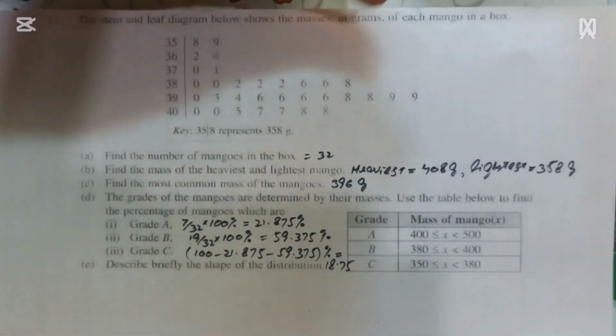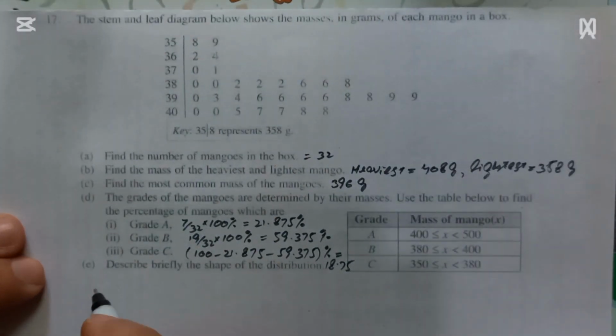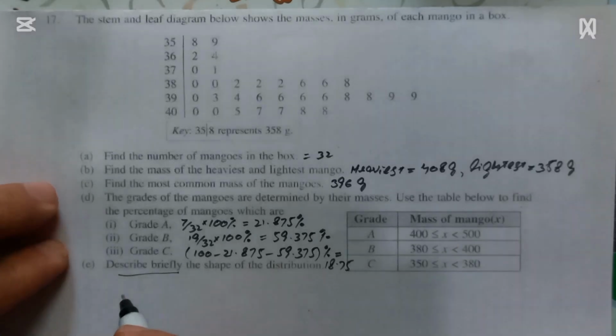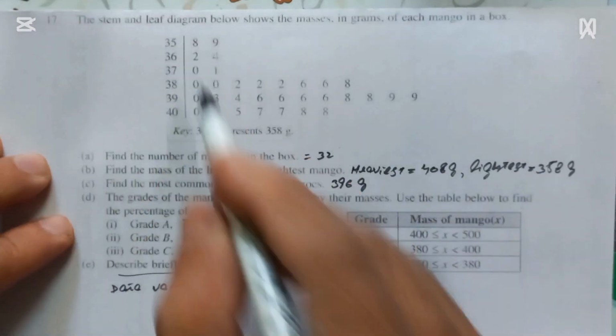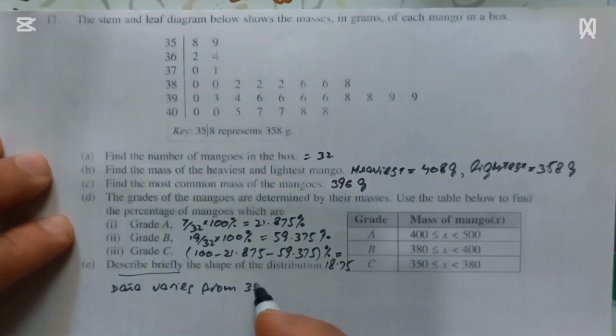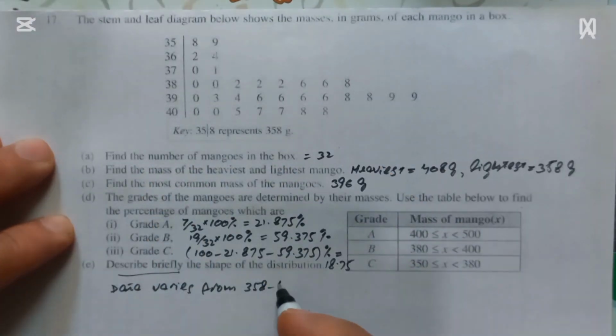And the final thing which is required is describe briefly the shape of the distribution. I have told you many times, whenever the requirement is describe briefly, you have to mention the variation. Data varies from 358 to 408 grams.